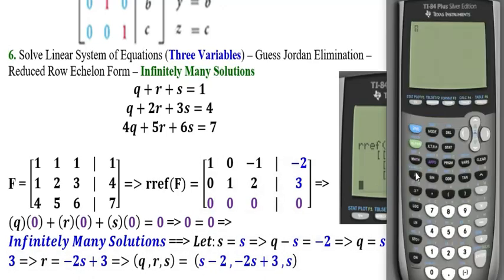And here it is. Second matrix, edit. We're going to create this time matrix F, and it is 3 by 4. For q we have 1, 1, 4.